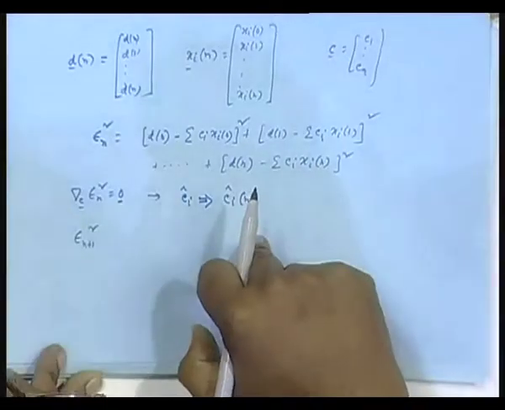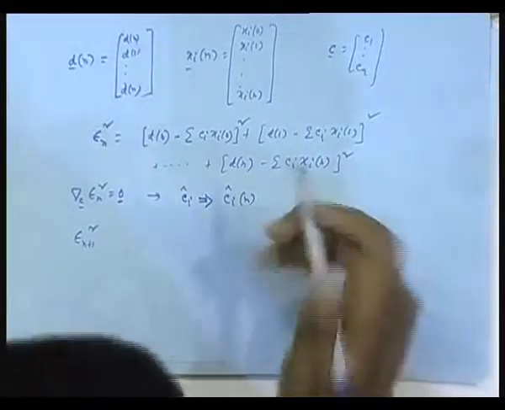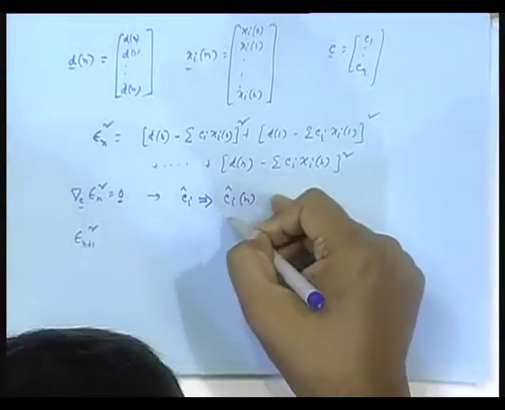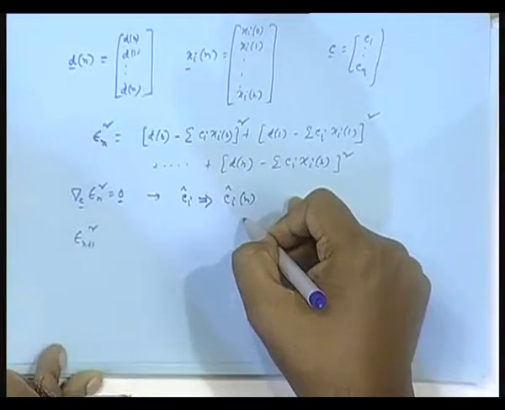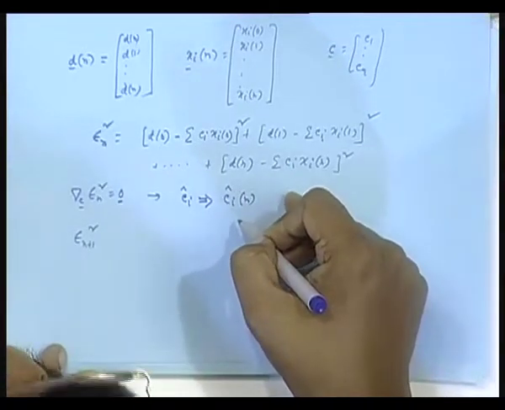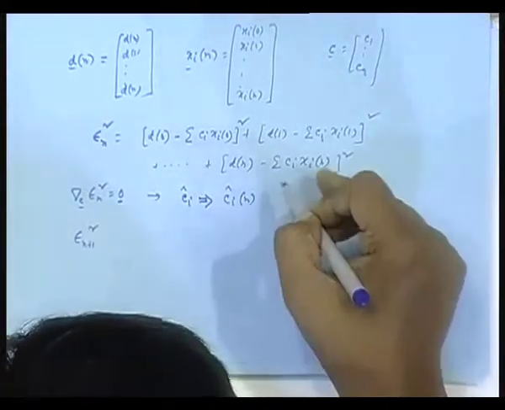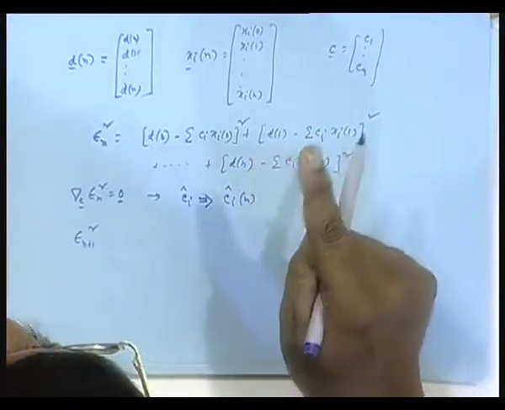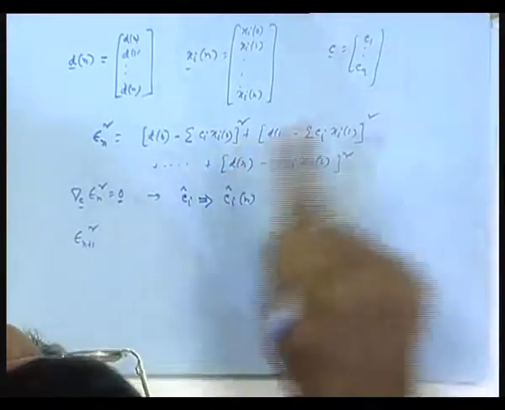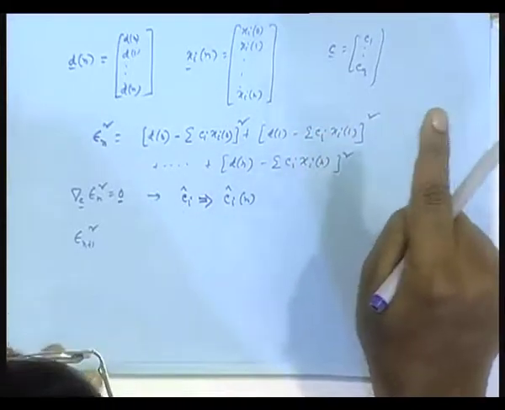C I cap n. In the recursive least squares, please listen to me, you will be given the previous optimal filter coefficients up to nth index, that is using data up to nth index, whatever best you could get. And the n plus 1th index data for d, that is d n plus 1, and for those variables x 1 n plus 1, x 2 n plus 1, dot dot dot, x q n plus 1 will be given to you.